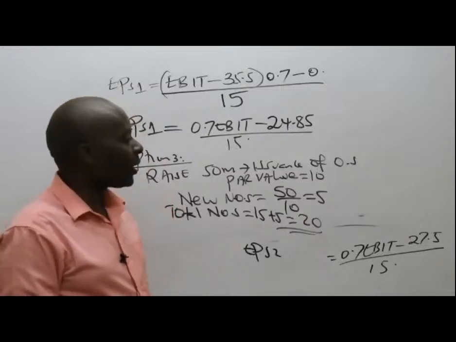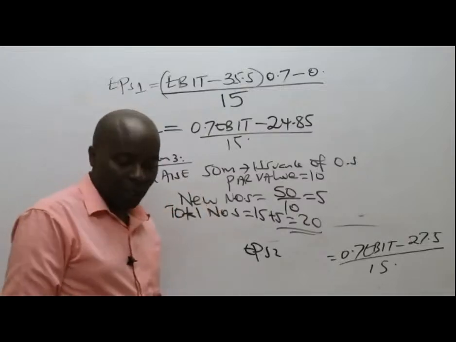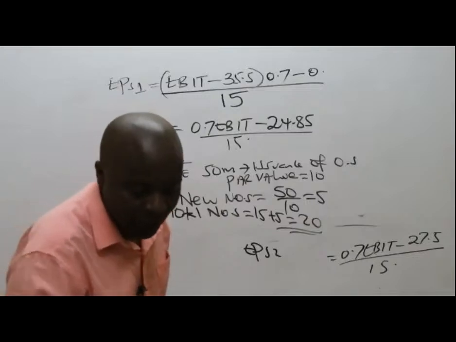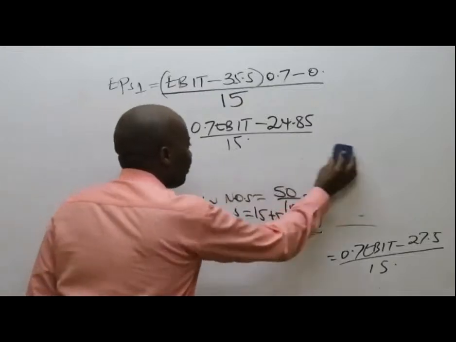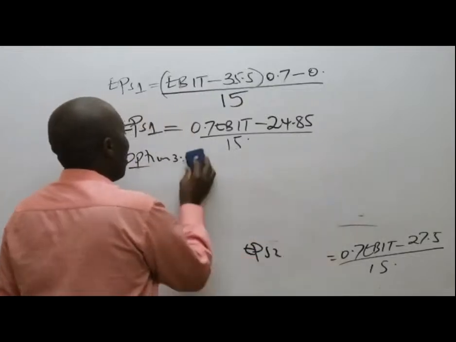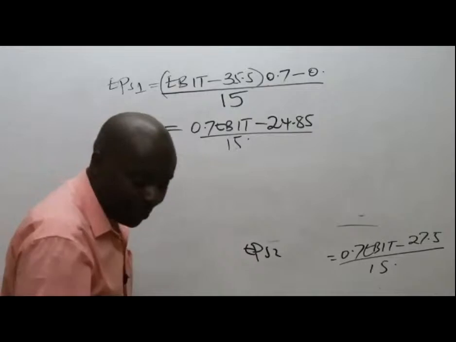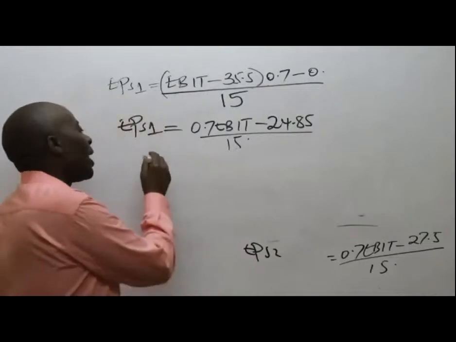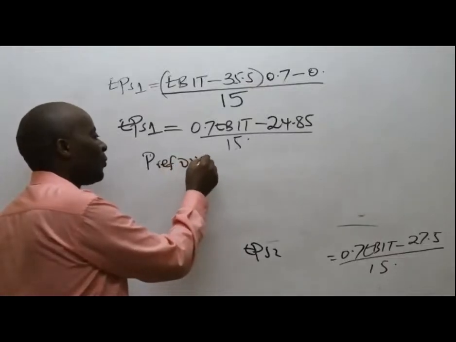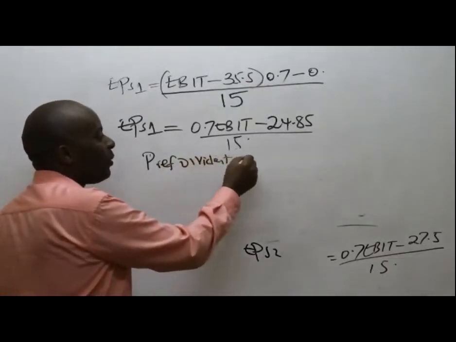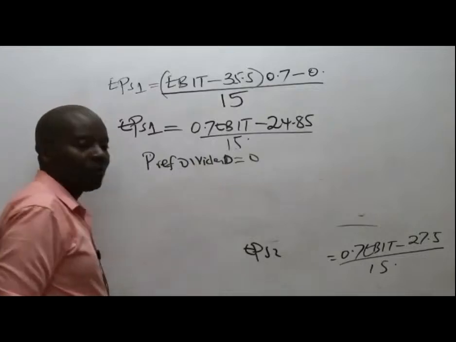Now, ladies and gentlemen, I want us to be very clear on this. If we issue ordinary shares this time around, under option 3, the preference dividend will be 0.